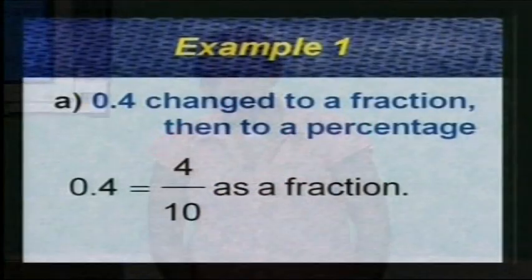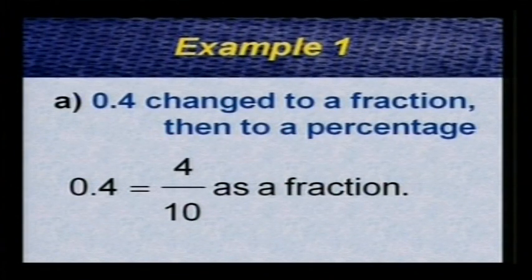0.4 change to a fraction, then to a percentage. I have it on the screen. 0.4 as a fraction is 4/10. Why did I say it's 4/10? Who can tell us? Place value comes in here.